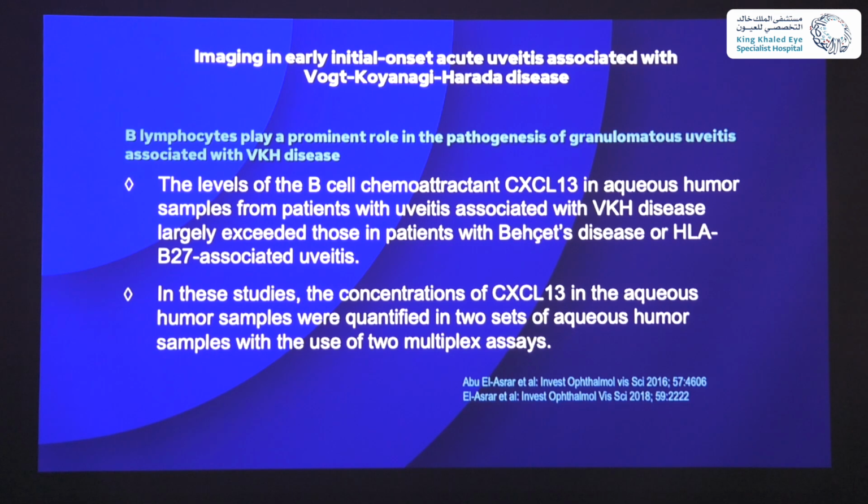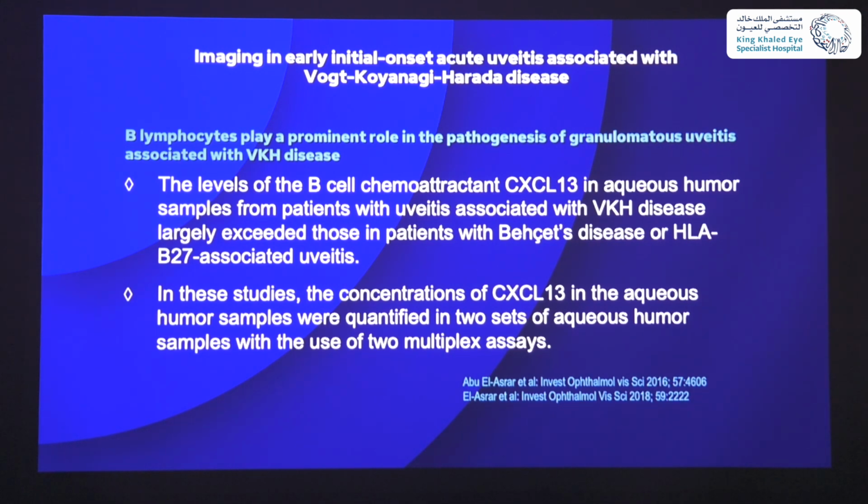We came to a very simple conclusion: cytokines and chemokines that chemoattract and activate neutrophils and T helper 1 lymphocytes are more prominent in Behçet disease and HLA-B27, and cytokines and chemokines that act predominantly on B lymphocytes are acting predominantly in patients with VKH disease.